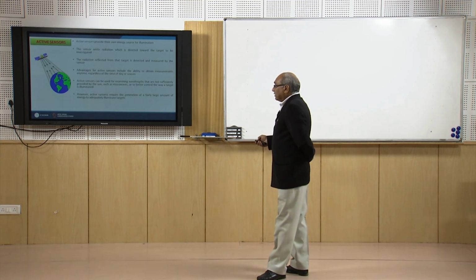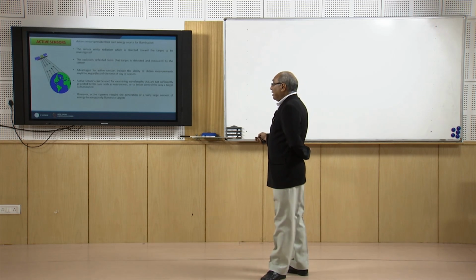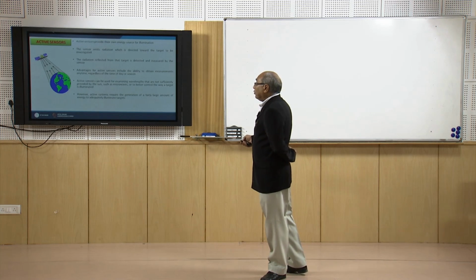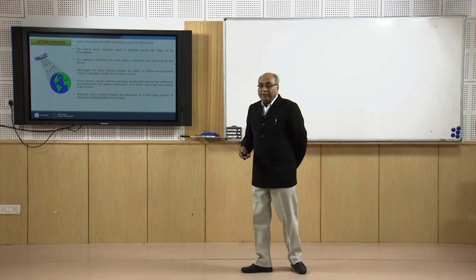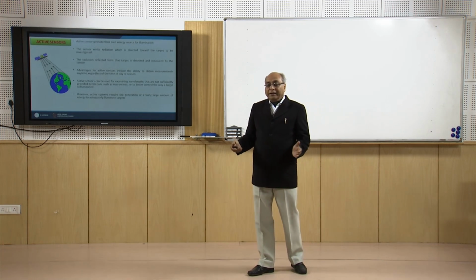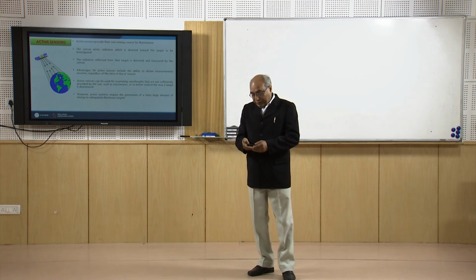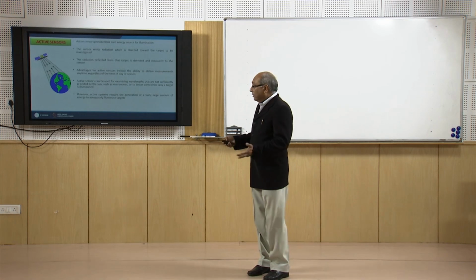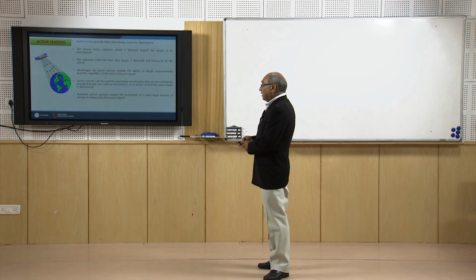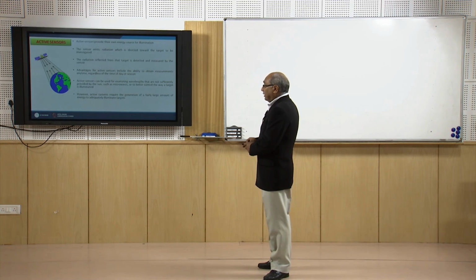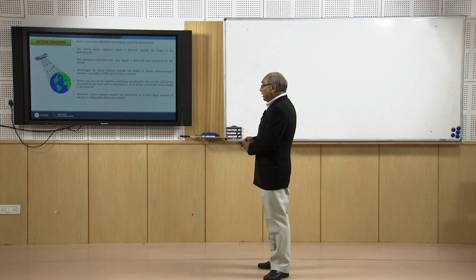However, active sensors require generation of a fairly large amount of energy to adequately illuminate targets, because for sensors on board a satellite, especially radar satellites, a large amount of energy is required so that images can be acquired.